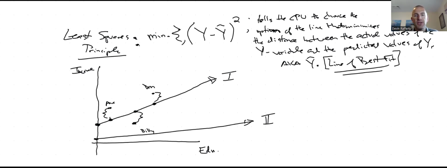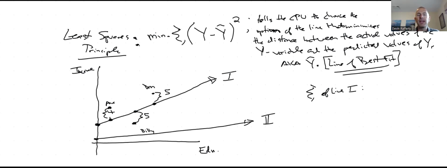Let's say that the summation, I'm just making these numbers up. Summation of line 1. Let's say that this gap is 5, this gap is 5, and this gap is 4. Let's say that there's 5 spaces between Dan's actual and predicted, 4 spaces between Anna's actual and predicted, and 5 spaces between Billy's actual and predicted.